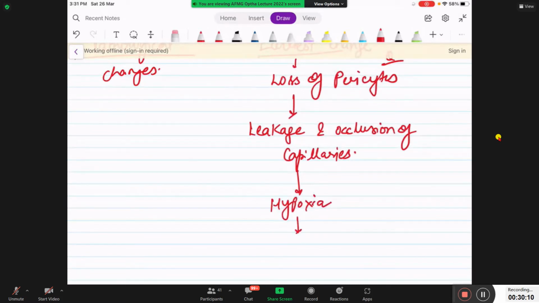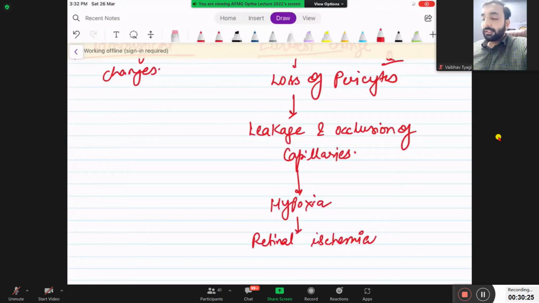Now later on, prolonged hypoxia will turn the retinal tissue ischemic, right? Because of hypoxia, the tissue will become ischemic. There will be deficiency of oxygen, right? Now, if retinal ischemia develops, the message from the retina will go to the brain that the tissue is getting hypoxic, ischemic. What will happen?